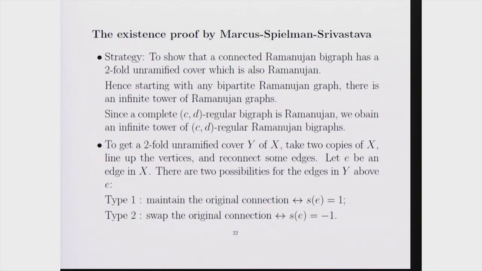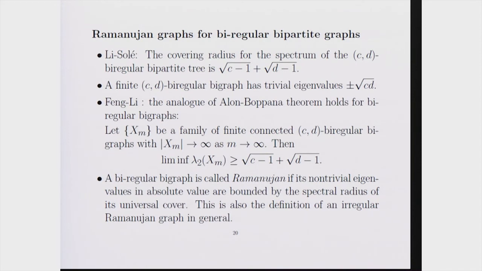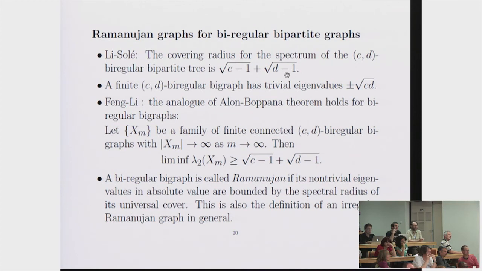These are 2 root d minus 1. I think it would be most transparent when you look at the biregular case. If you separate the c and the d, you have root c minus 1, root d minus 1. When c is equal to d, you have twice root d minus 1. So for me, the 2 is because c is equal to d.